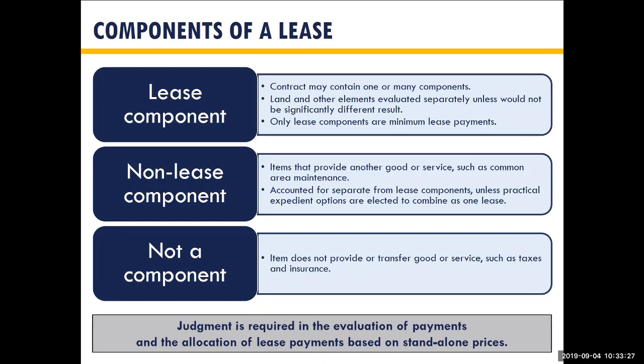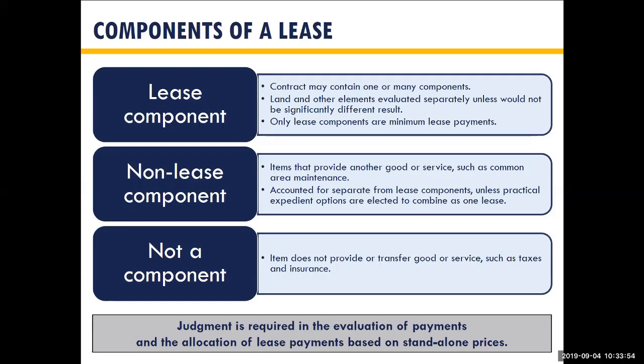And just to note at the bottom, there is judgment in these. First off, in the separation of the lease components, and then also the non-lease components and the lease components, and then allocation of payments. So in Scott's example of the copier, you had the copier lease, and that copier lease includes so many copies and toner and paper and those things, and it's not separately identified.